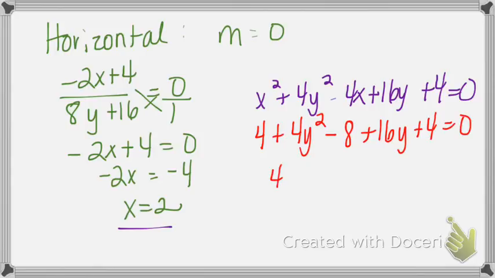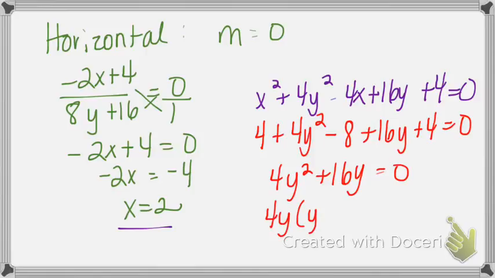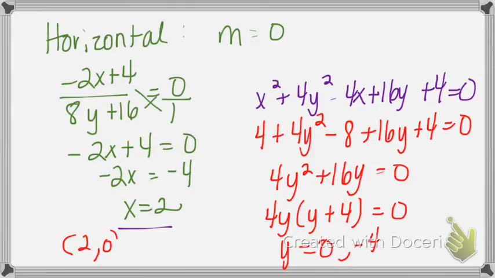All right, let's see what we have. 4y squared plus 16y, and then 4 minus 8 plus 4, that's all 0. Factor out 4y and solve, and so I get y is 0 and y is negative 4. So that means there are horizontal tangent lines at (2, 0) and at (2, negative 4).